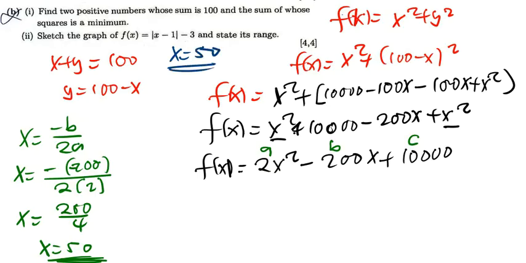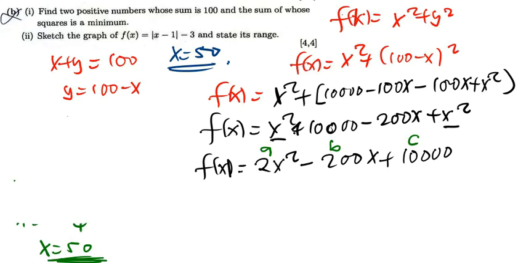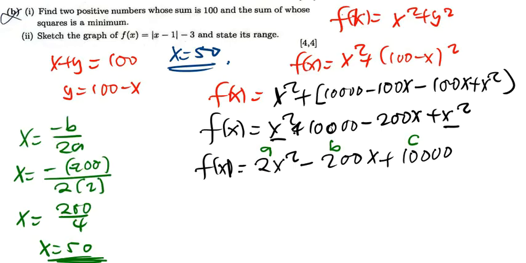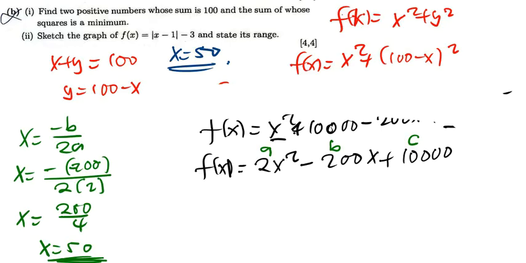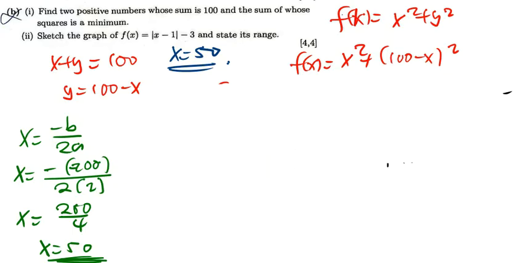If you know the value of x, then it's easy to find the other value, which is the value of y. You will say y is equal to 100 minus x. So y is 100 minus 50. y is also 50.